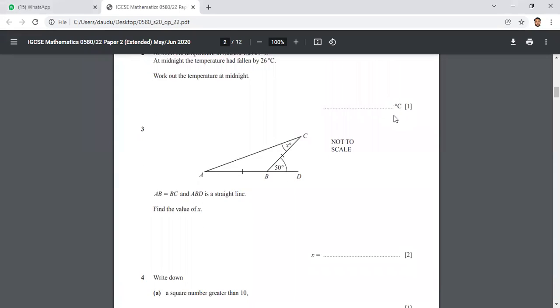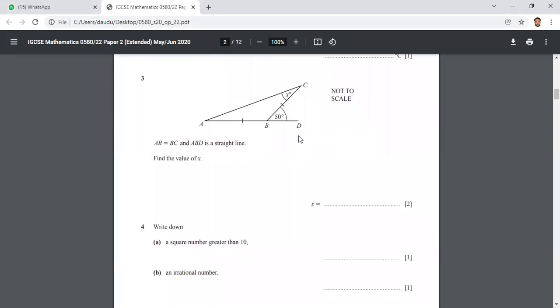Next is related to geometry. If you think about this triangle, we have two sides that are equal, which are AB and BC. A triangle which has two equal sides is an isosceles triangle. So it means the base angles are the same, so this angle is also X. And if you check the straight line ABD, that angle is 50 degrees.